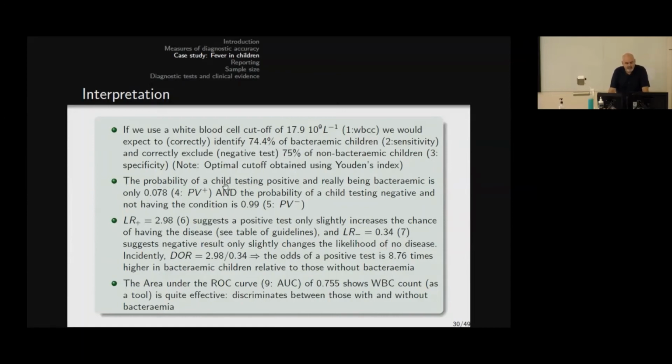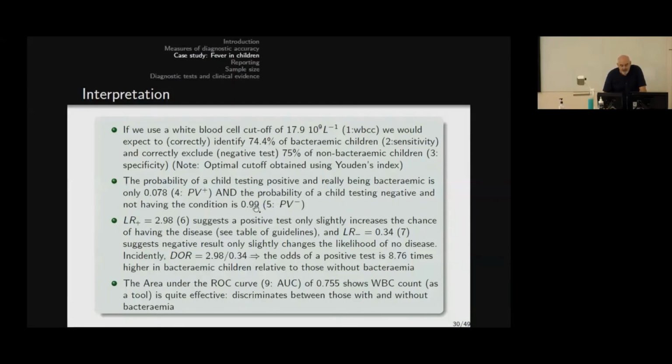Okay, so the probability of a child testing positive and really being bacteremic is 0.078, which is not that good. What this really means is of the children that had a positive test, only 7.8% of them actually had a bacterial infection, as opposed to the probability of a child testing negative and not having the condition.